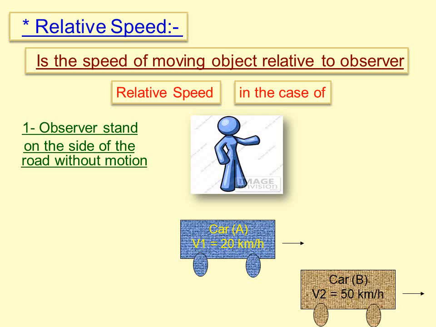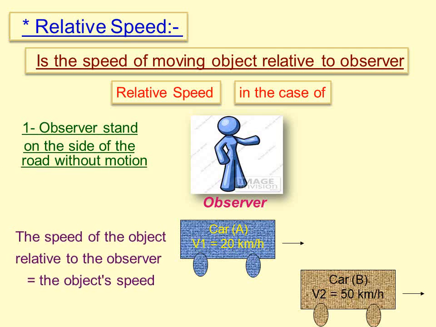The observer stands on the ground without any change in its motion, so it can measure the speed of car B. So here the speed of the object relative to the observer equals the object speed. So the speed of car B equals 50 kilometers per hour.